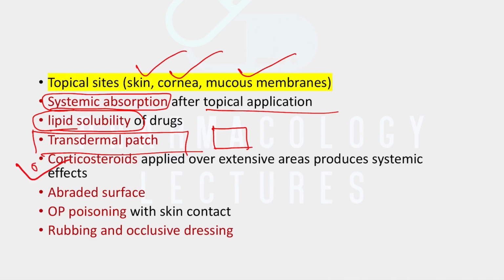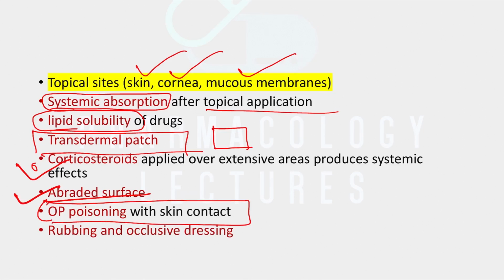If we apply steroid creams on skin, there are chances that these steroids get into the systemic circulation, and there are chances of side effects as well, right? Especially if we apply those creams on an abraded surface, if the surface has already been abraded, there are more chances of systemic side effects. For an example, some farmers get exposed to organophosphorus poisoning.